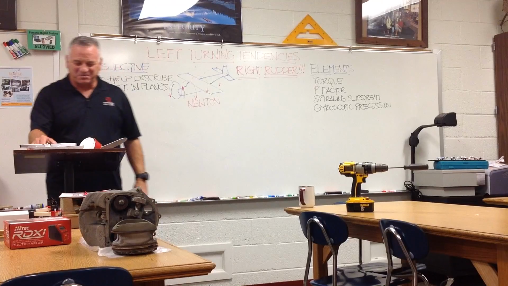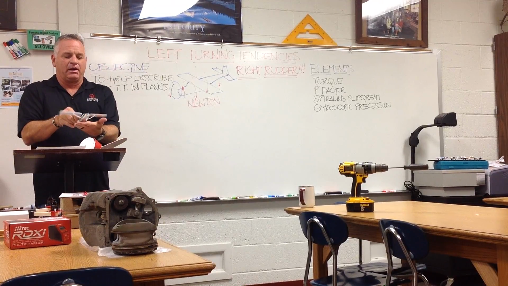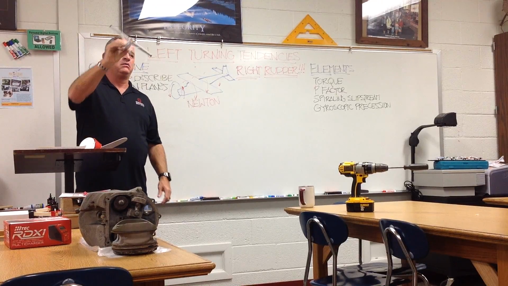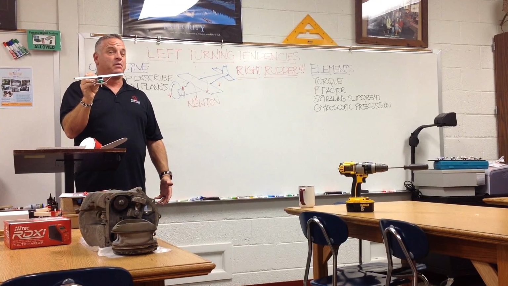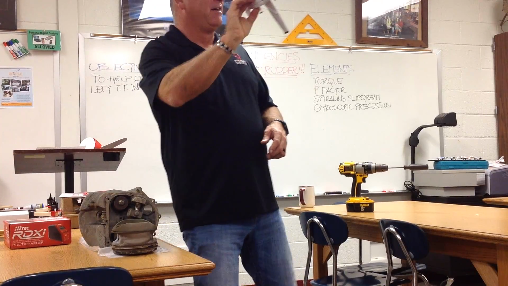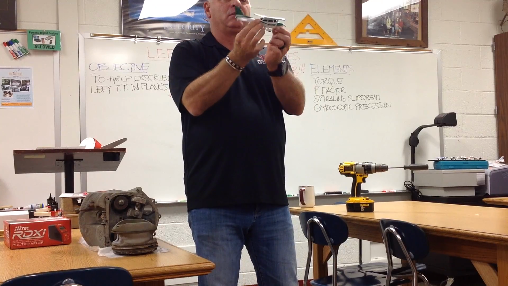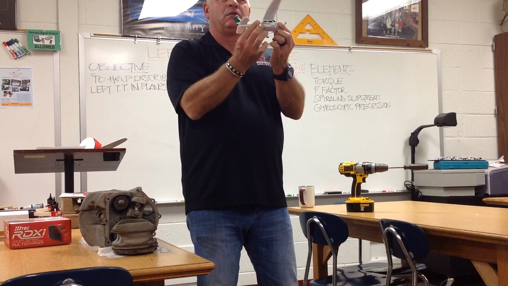All right. So, on the ground, like we said, it loads up that left gear. What do you think happens in the air? We have 3 axes in an airplane. What is this? Pitch. Roll.